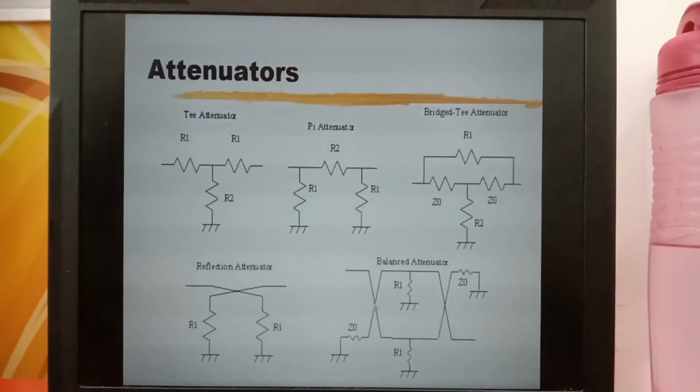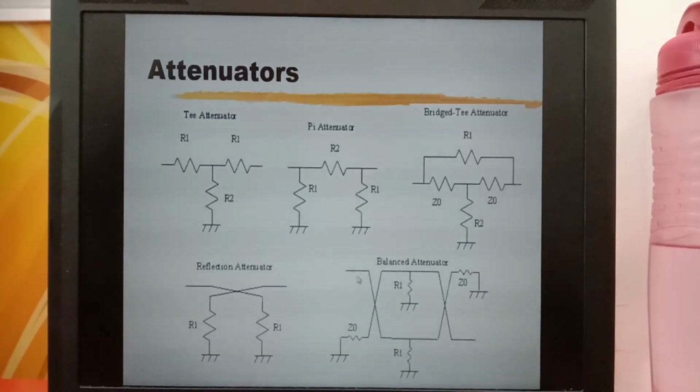Because this is a hybrid coupler, the reflected signal from port 2 back to port 1 and the reflected signal from port 3 back to port 1 will always cancel each other.